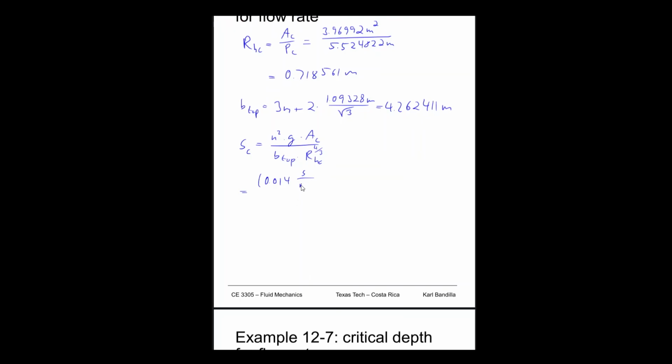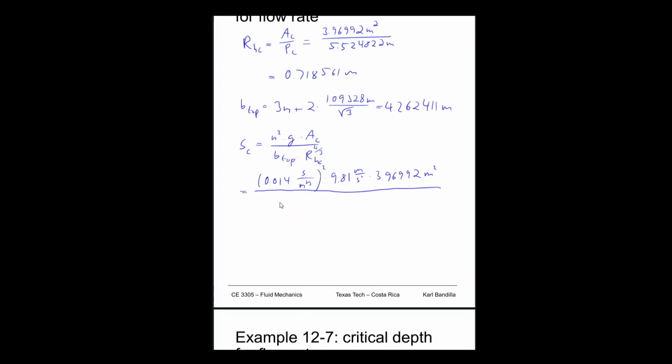It's seconds over meters to the 1/3, and that's squared. Times 9.81 meters per second squared times 3.9699 meters squared, which was our area.